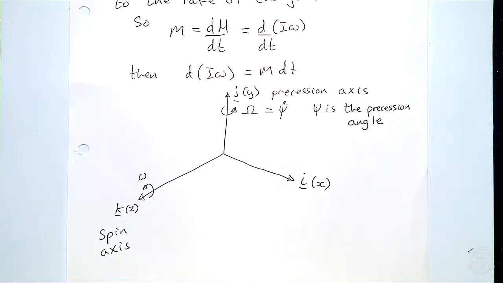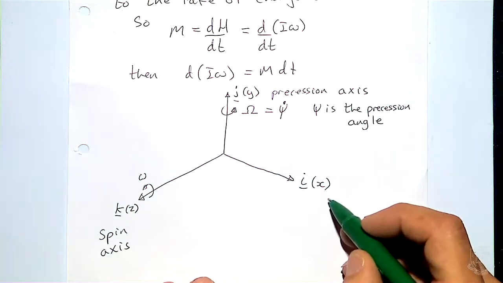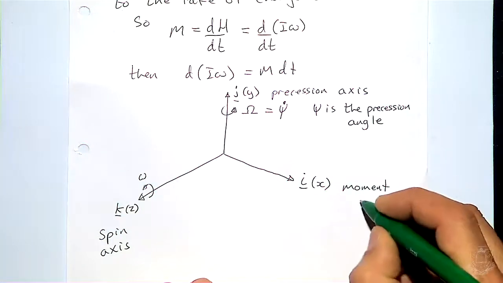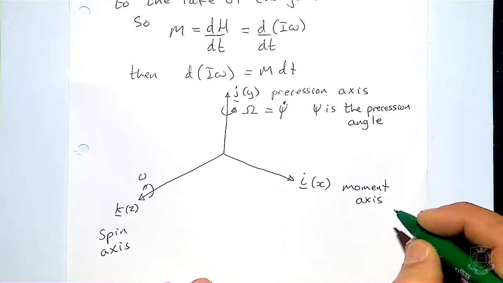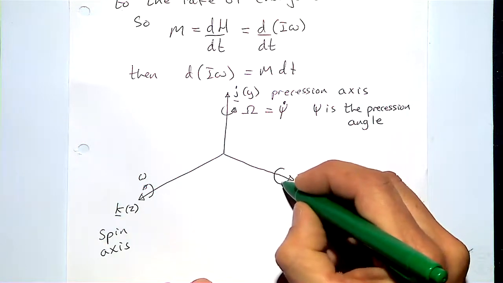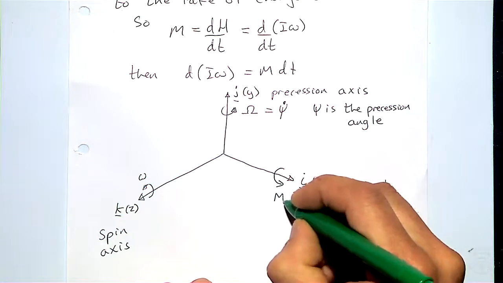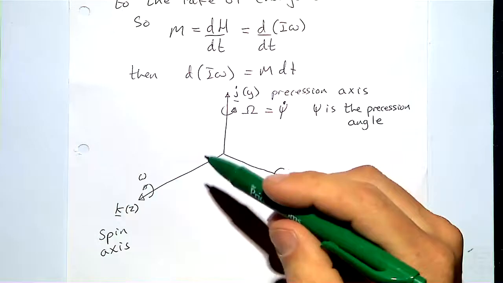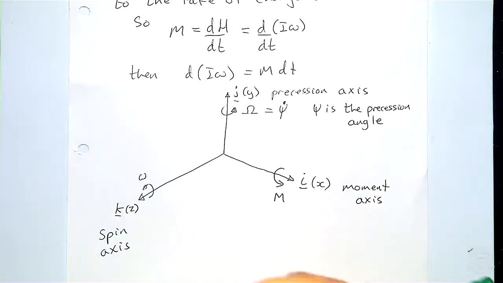This final axis, the i-axis, we're going to call the moment axis. It will have a moment acting around it, which we're going to call capital M. So in our 3D space, we've got three axes, and they've each got something acting around them.